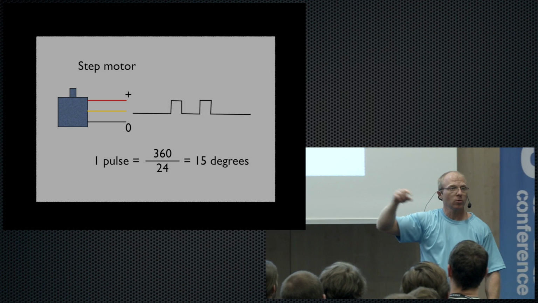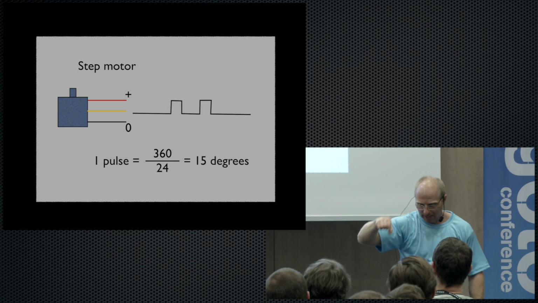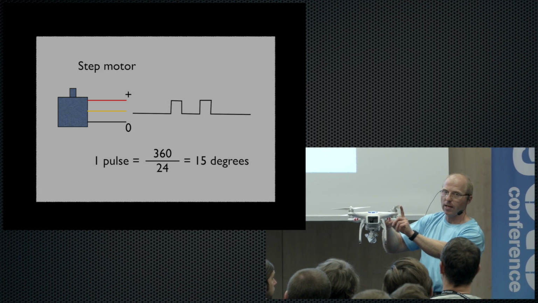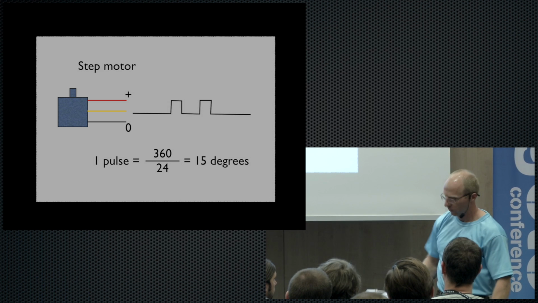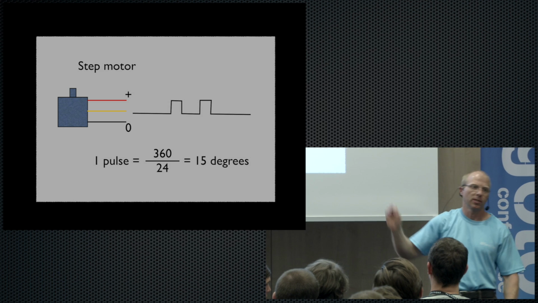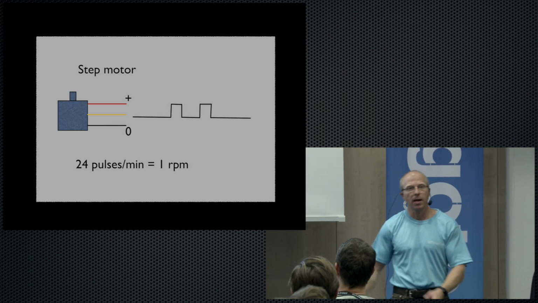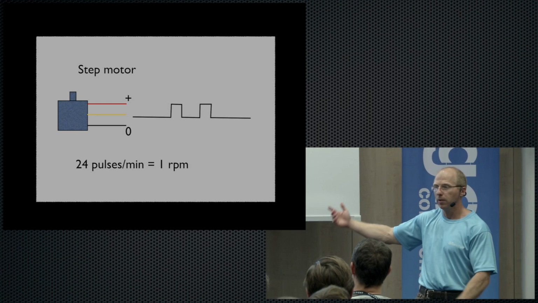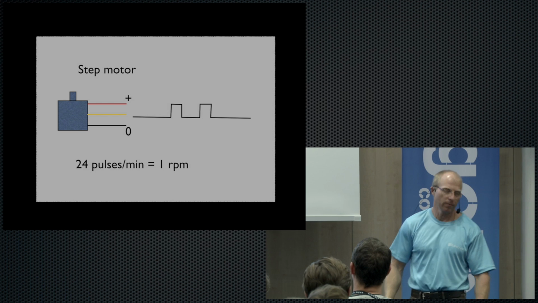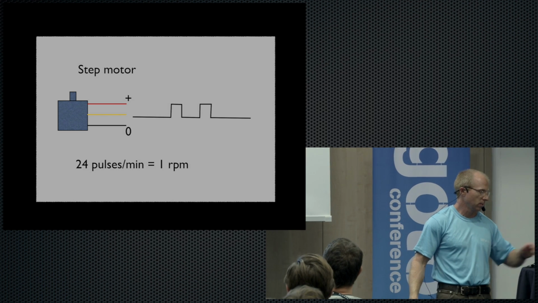And that makes the motor move 1 step. In this case, I have 24 steps for an entire revolution. So 1 pulse means that the propeller turns 15 degrees. Or in other words, if I can apply 24 pulses within a minute, the propeller will turn at 1 RPM. Which is probably not enough to fly the thing.